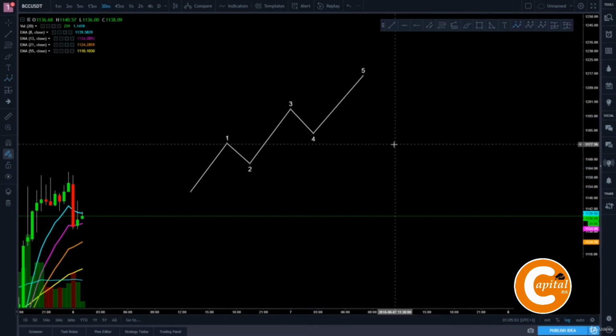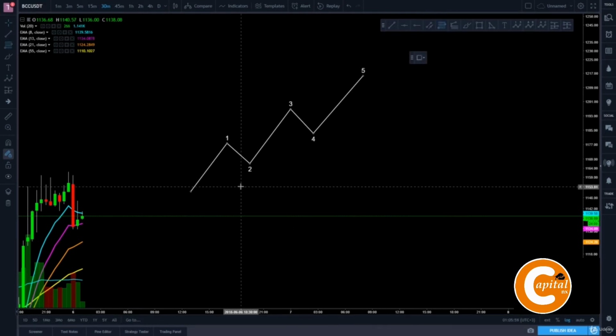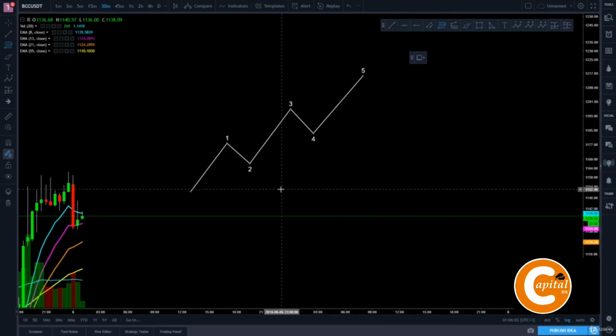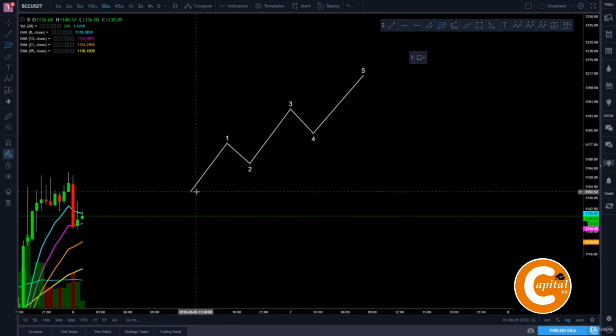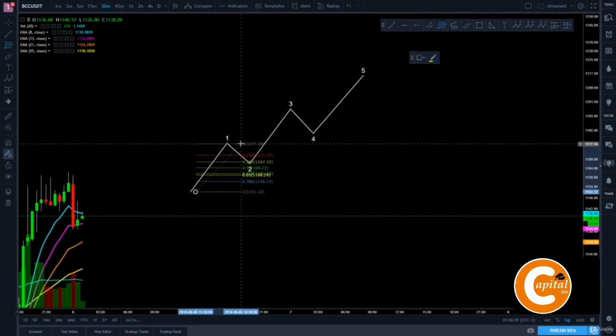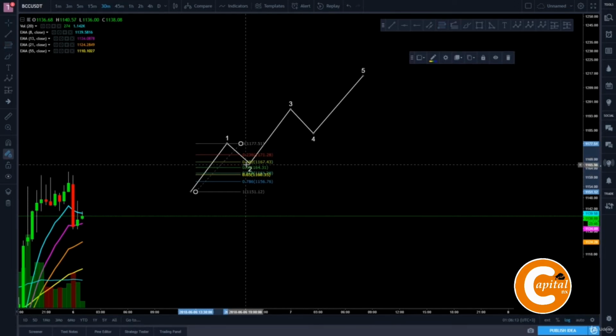So for this type of wave structure, we will take the Fibonacci retracement tool, and we want to measure the retracement only for waves 2 and 4. We start from this low point over here, and we drag it to the next highest point, which is the complete wave 1, and this is how we find the retracement of wave 2.